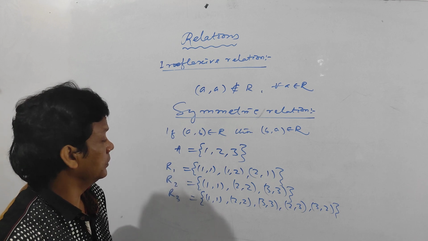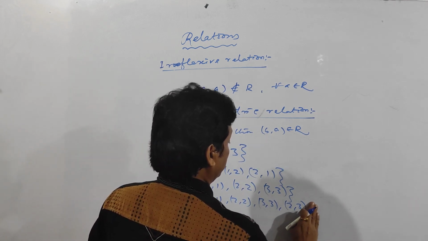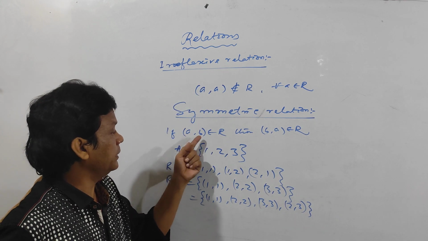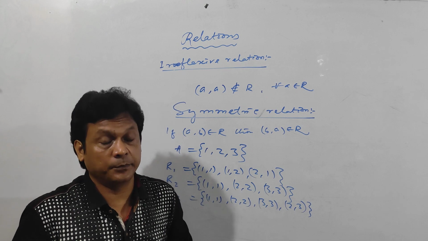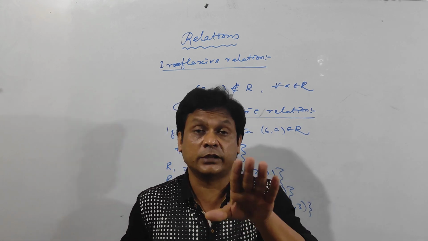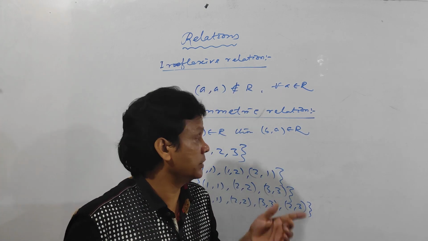See here, I have told you, if A is related to B, then B must be related to A. Clear? If the relation is symmetric.